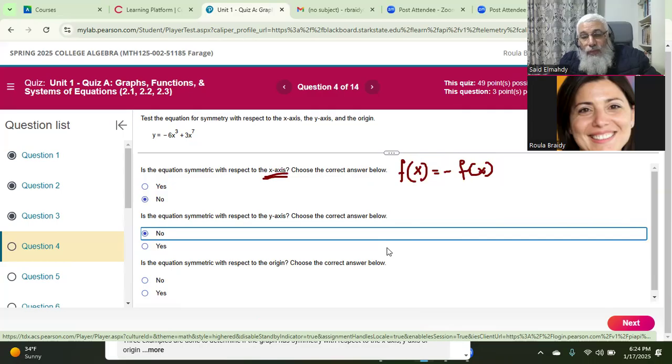If it is symmetric to the x-axis, this means that y is equal to negative y. This means what?